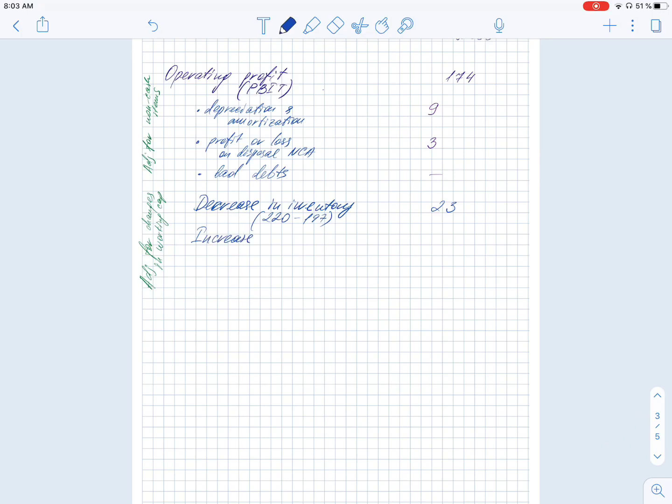An increase in accounts receivable leads to a decrease in cash. The calculation would be opening accounts receivable 714 less closing accounts receivable 1318, which leads to a total decrease in cash in the amount of 604.